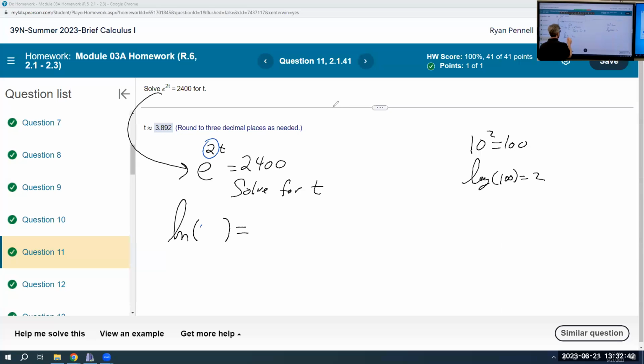Seems like we would write 2400 somewhere. Ideally, we would have t here if everything worked, but I don't know what to do with that 2. So we haven't played with that before.